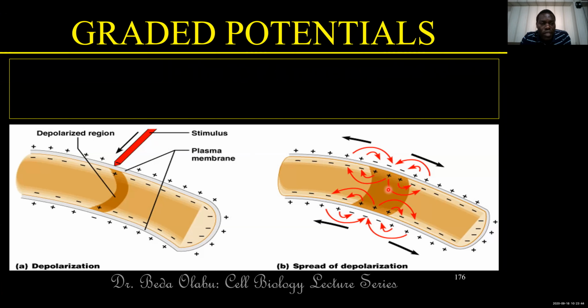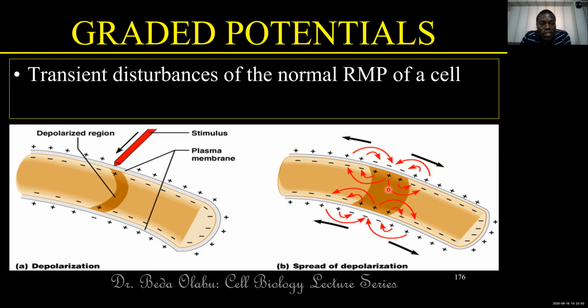So, graded potentials, what are they? Graded potentials refer to transient disturbances on the normal resting membrane potential of a cell. You have a transient disturbance, which means a short-lived disturbance of the RMP.